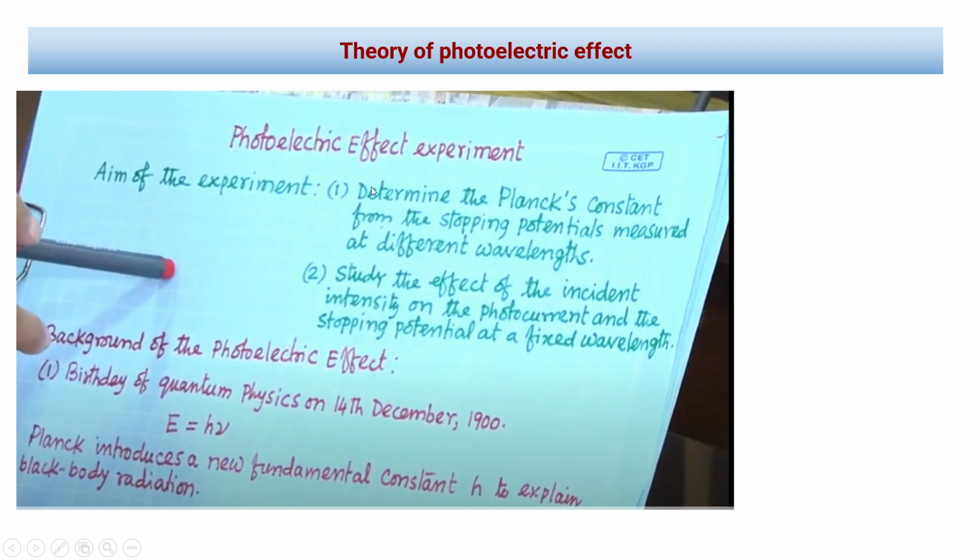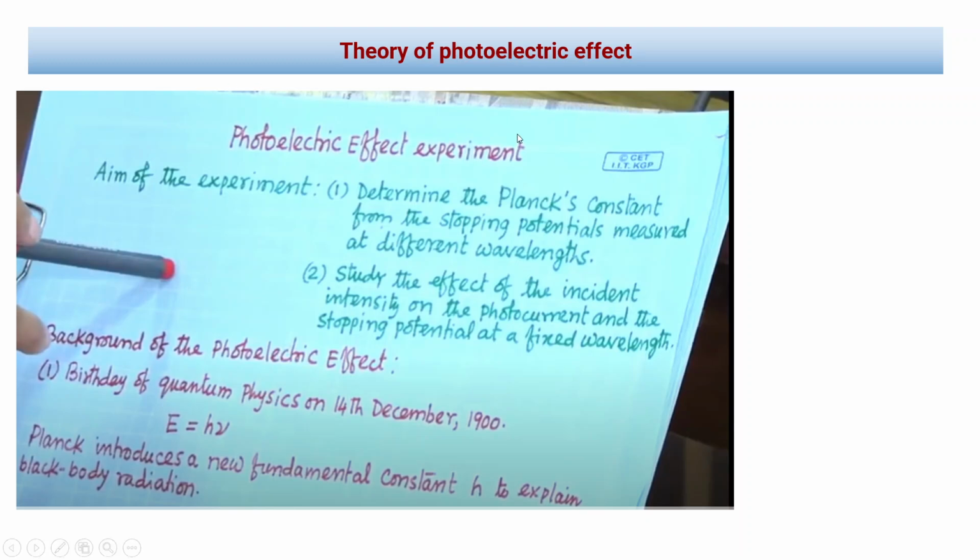So after all these optics-related experiments, we started discussing the photoelectric effect. In today's session I also explained how the field of quantum physics was developing, and these were the experiments which solidified its base.